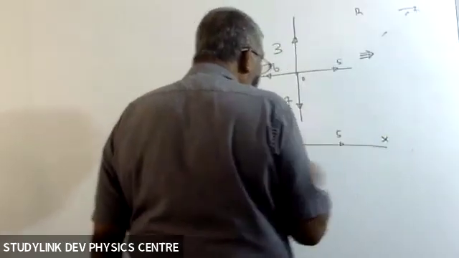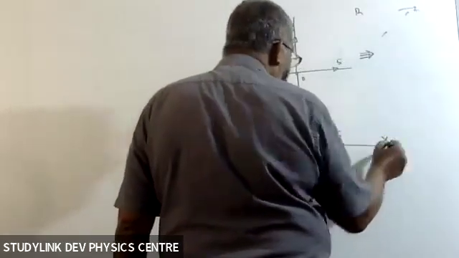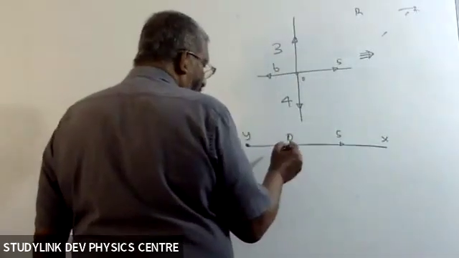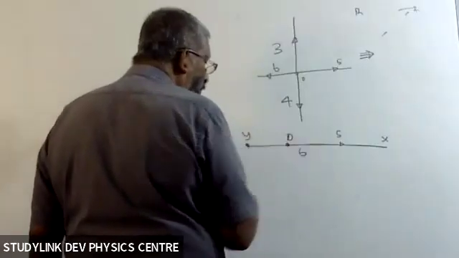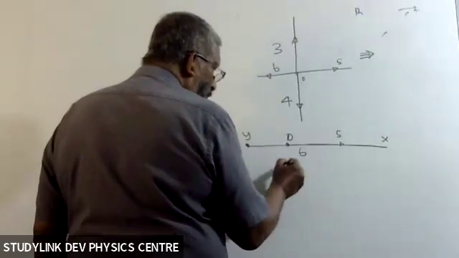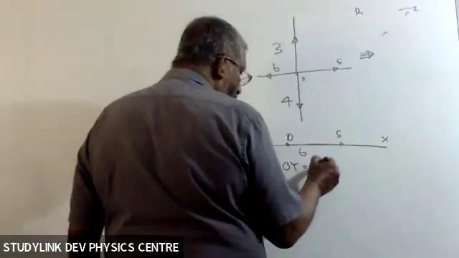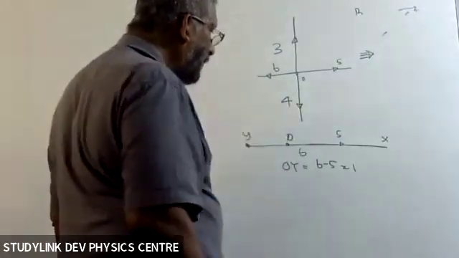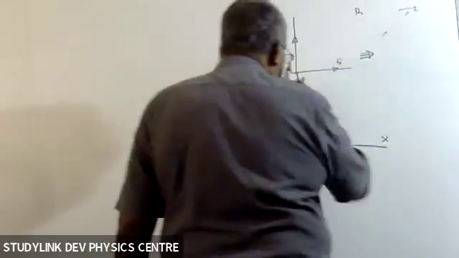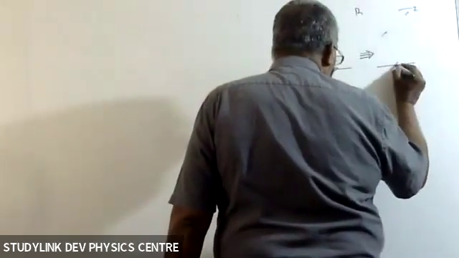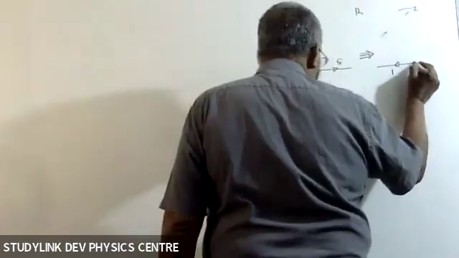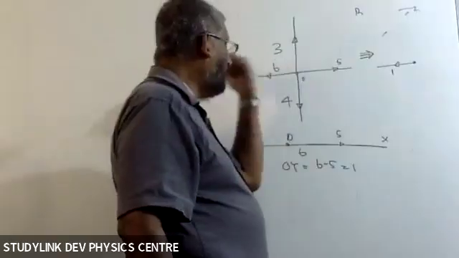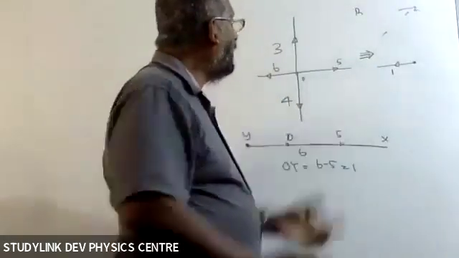Then from x to y, it's 6. You have to come 6 here. Then the resultant is Oy. Oy is equal to 6 minus 5, that is 1. So these two can be reduced to 1 towards west. Why? East 5, west 6. The west side is greater. The difference is 1.